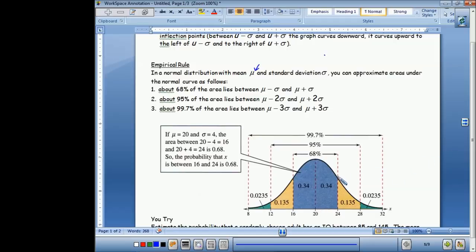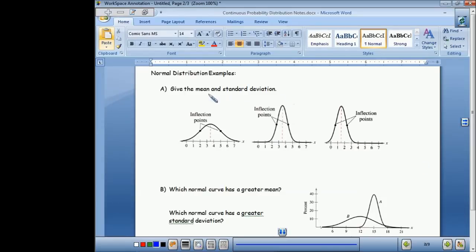Okay. Also, we talked about this inflection point where it goes from curving up to curving down. Do you see how the change happens right here? The inflection point occurs 1 standard deviation on either side of the mean. So if we look at the back, it asks us to give the mean and the standard deviation.